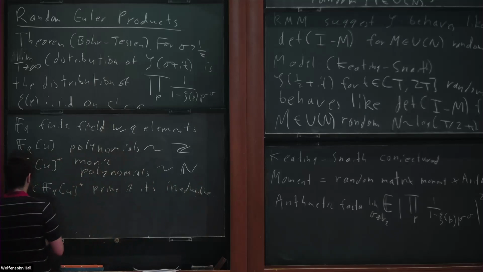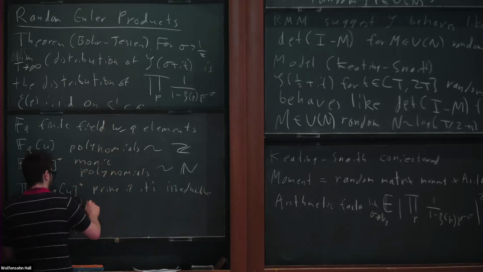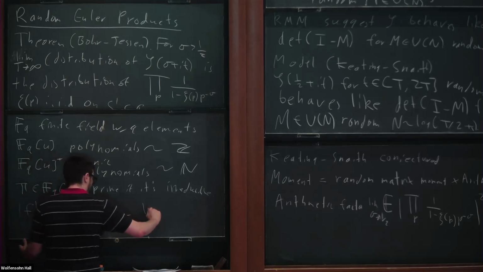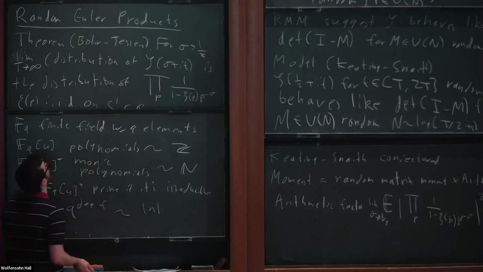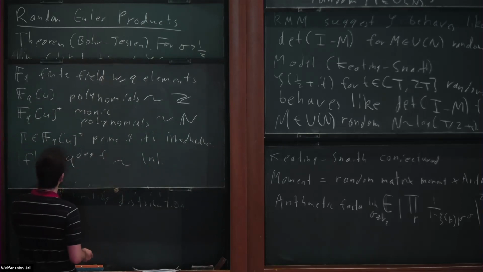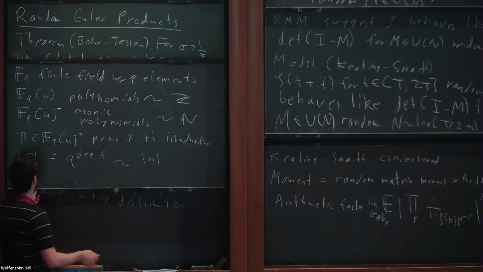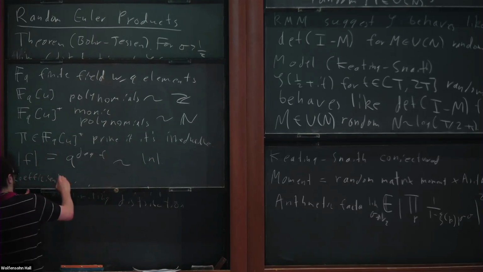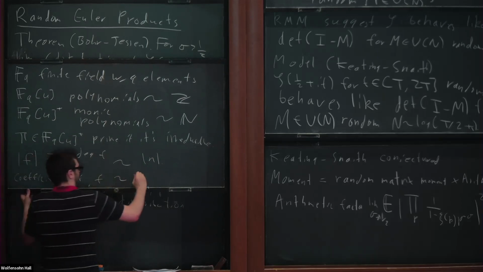And the analog of the size of a number, the size of a polynomial, is given by q to the degree of f. So it should be analogous to the absolute value of a number. And I should also say the coefficients of a polynomial are analogous to the digits of n.